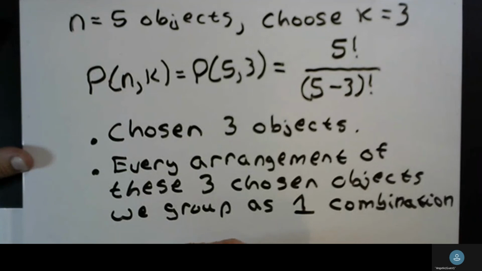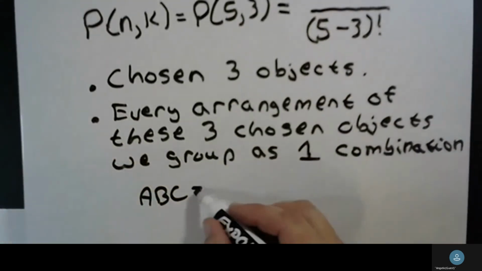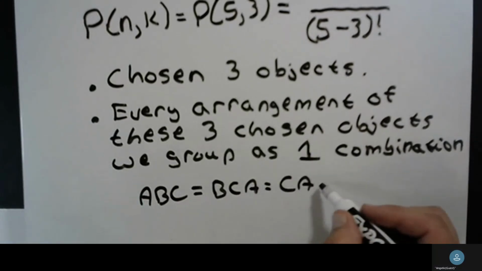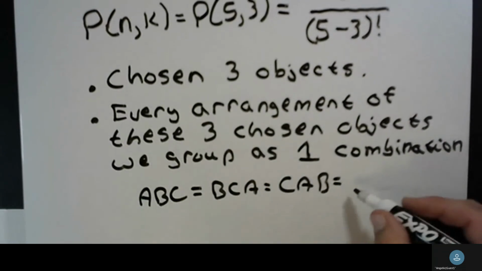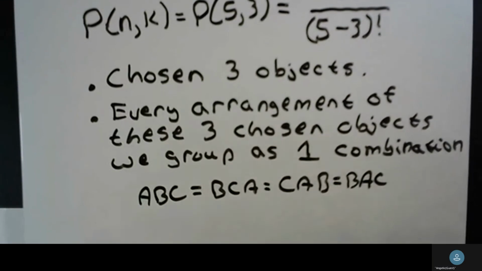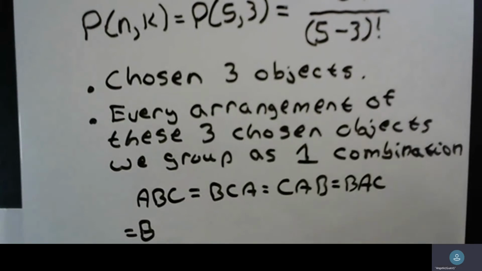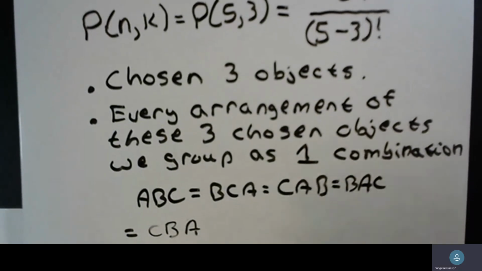So I'll just give an example. ABC, again, we've seen this one, BCA, CAB, and there's others. BAC. CBA. There's one more.